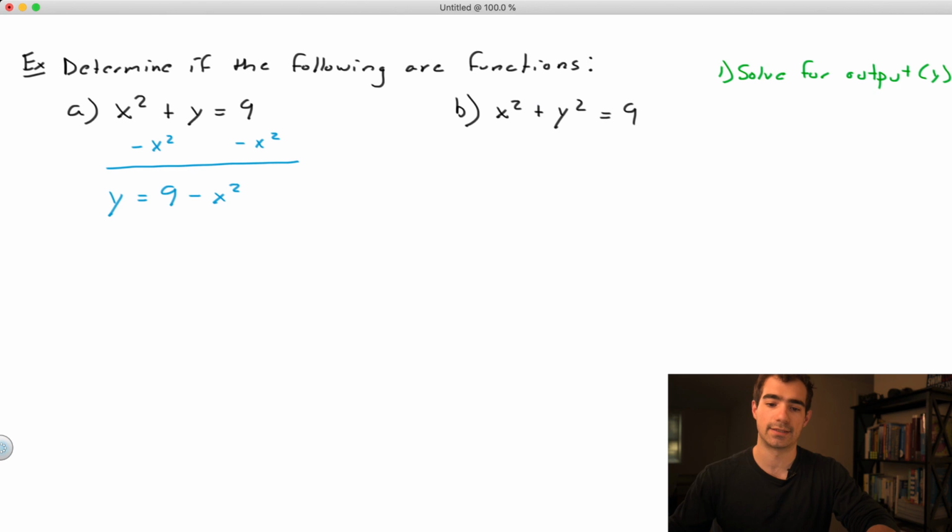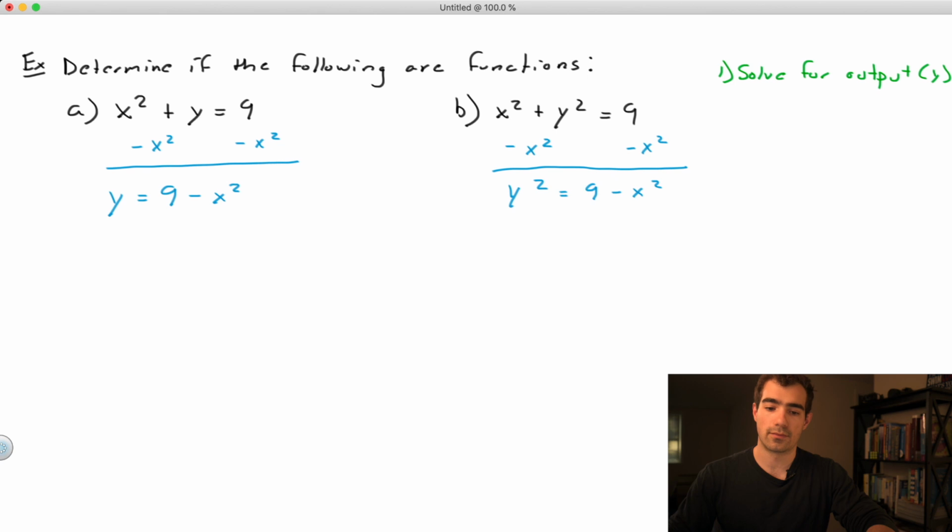On the other hand, for part B, if we want to get y by itself over here, we would first have to subtract x², similarly giving us 9 − x² on the right, but we also have this y² on the left. And so we'll have to take the square root in order to get y by itself.